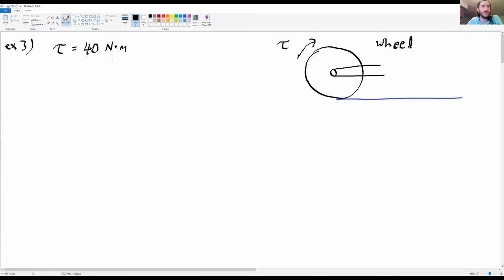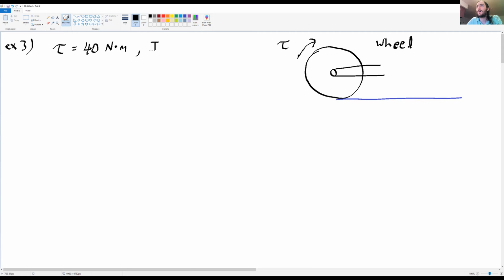It turns out that newtons times meters is the same as joules, but we never write the units of torque as joules, because joule is reserved for units of energy and torque is not related to energy. Torque is a separate concept from energy.